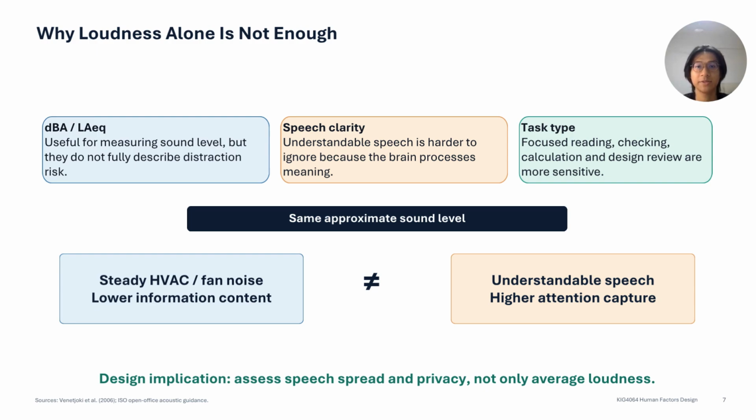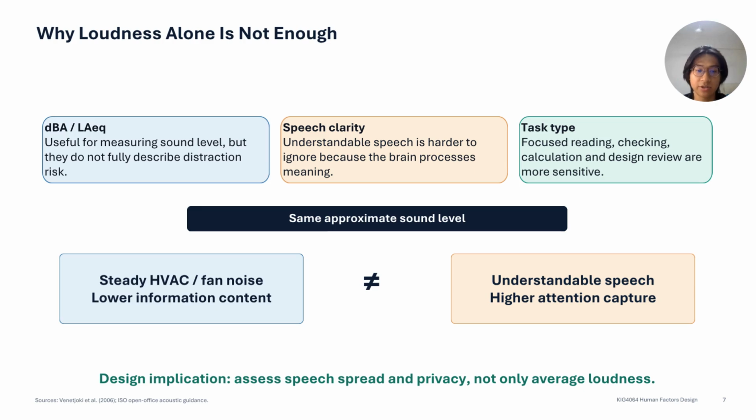Hi, my name is Deng Chong, and in this slide, I'll talk about why loudness alone is not enough. So, we know that sound level indicators such as dBA and LAeq are useful for measuring acoustic exposure, but they do not fully describe the distraction. Two sounds at approximately the same level can produce different effects. Steady HVAC or fan noise has little information content and may be easier to ignore.